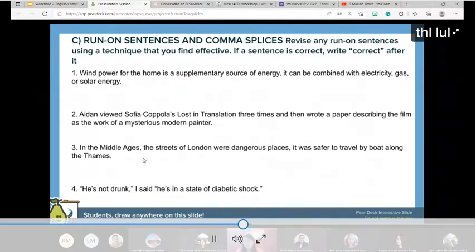A run-on sentence is an independent clause, but that independent clause is not being joined correctly. Okay, thank you. So according to the material, we have two types. One of them is when there are no marks of punctuation and no coordinating conjunctions between the independent clauses, which is called a fused sentence. And we have another one, which is the common one, the comma splice.